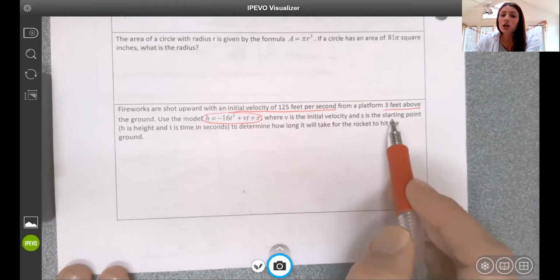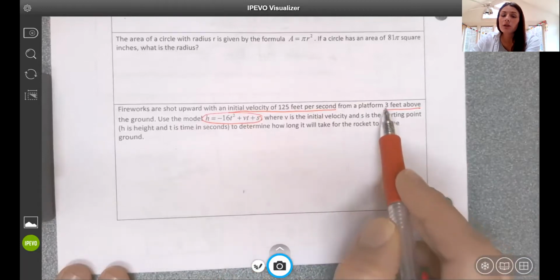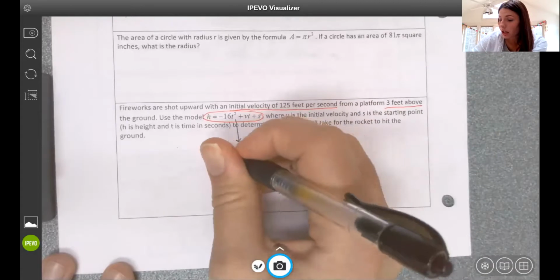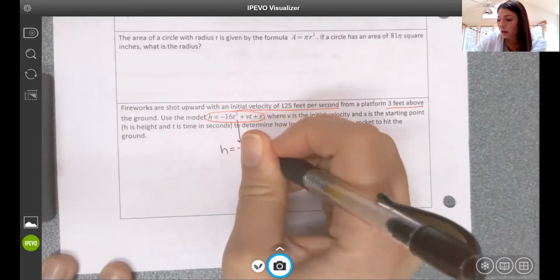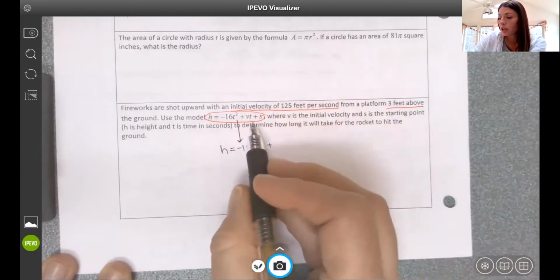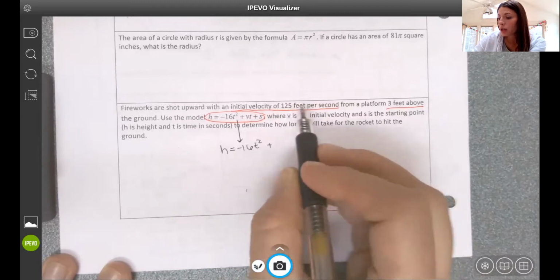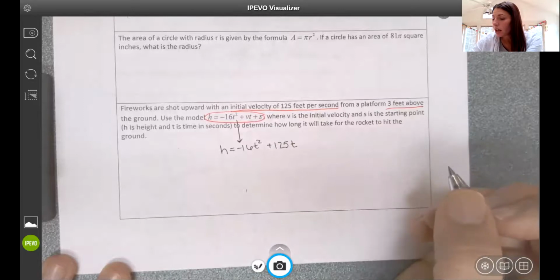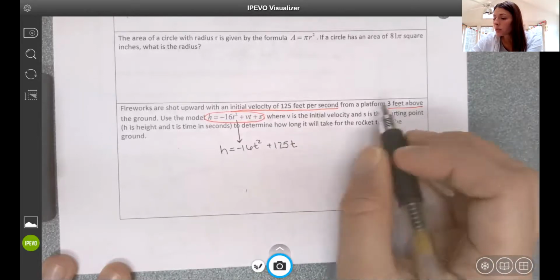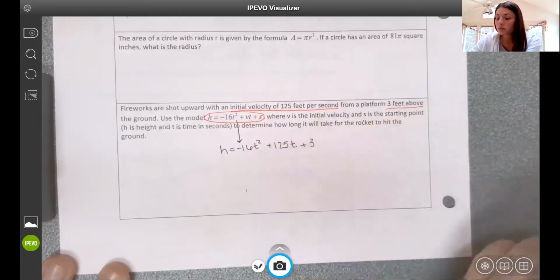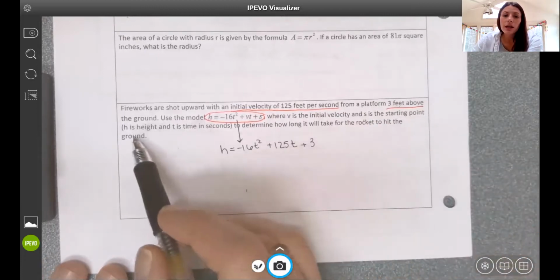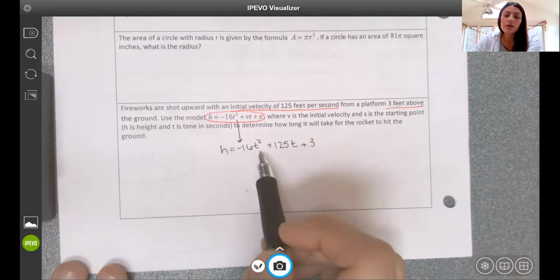And S is the starting point, so S is where we're starting from. So for V times T, I know my initial velocity is 125, and I know that S, my starting point, is 3 feet. And then it says H is the height and T is time in seconds.